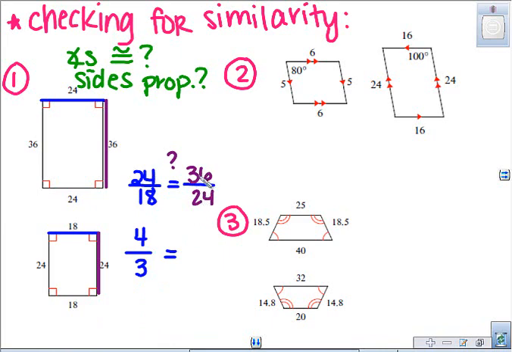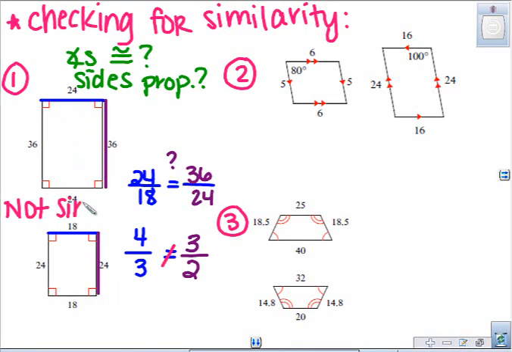So we want to use the highest so we can reduce it the most. So 12 goes into 36 3 times and into 24 twice. So these are fully reduced, and are they equal? The answer is no. So that means these sides are not proportional, which means these are not similar rectangles. If they were similar, these ratios would be equal. This proportion would be true. So we're going to try the same thing for this next one.